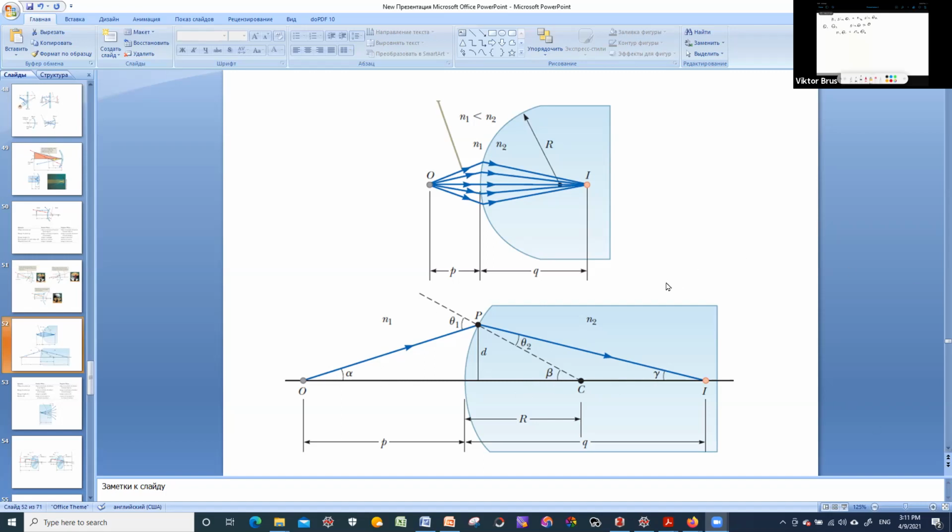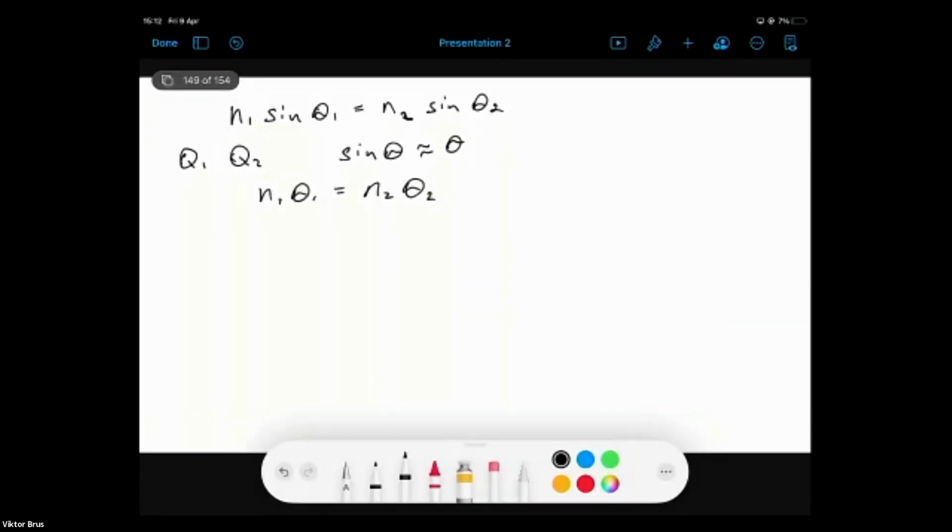So let us do it right now. Based on that image, those triangles, we can write that theta 1 is equal to alpha plus beta, and beta is equal to theta 2 plus gamma.